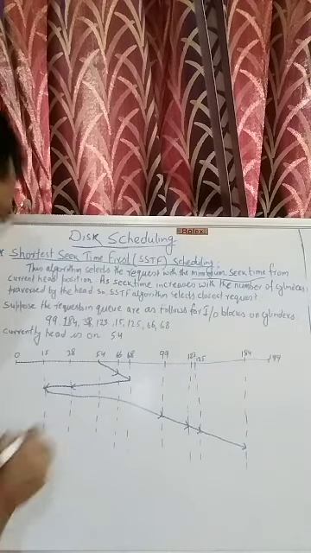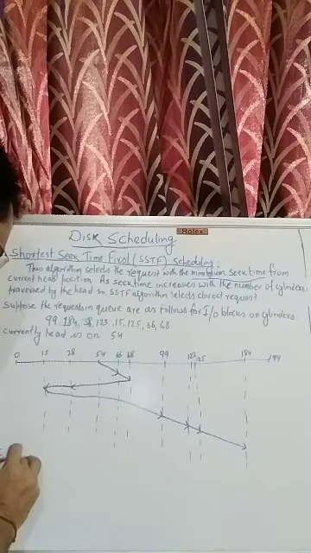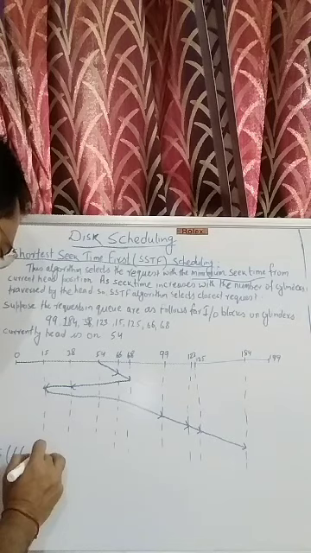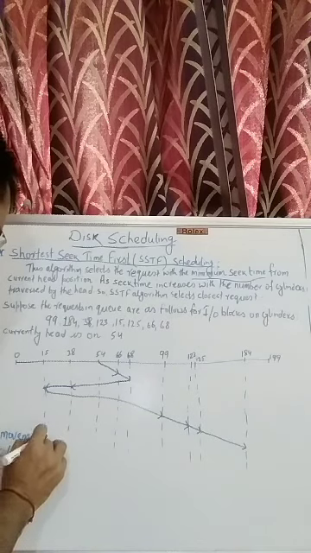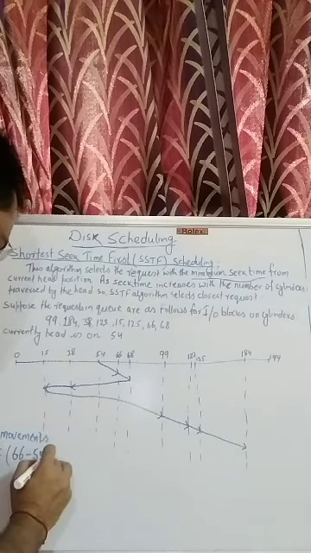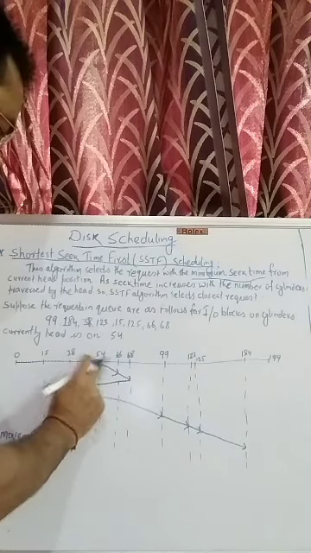The head movement equals 66 minus 54, from this to this.